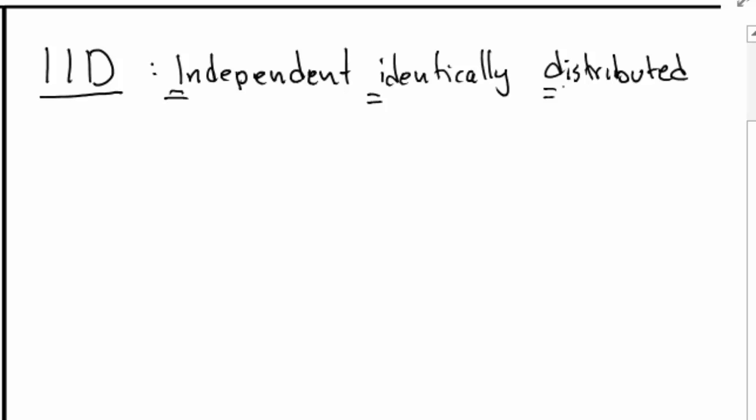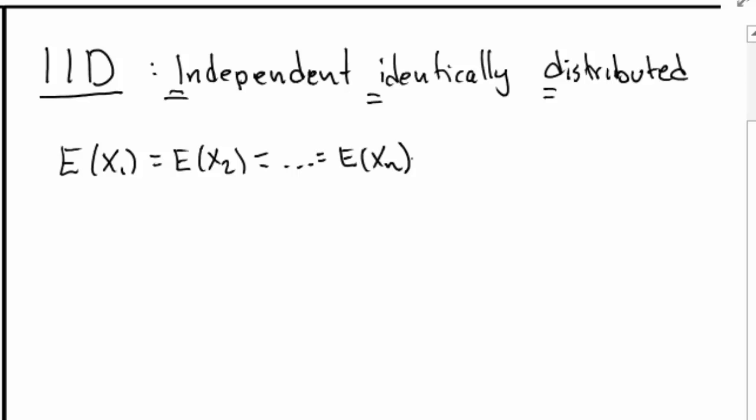If you're dealing with an IID sample, such that all these n random variables are independent and identically distributed, well, then they must have the same expected value. Remember, the expected value is calculated from the distribution, or the probability density in the case of a continuous random variable.